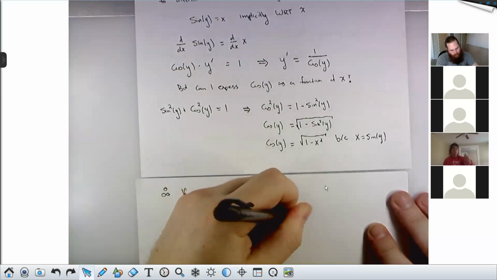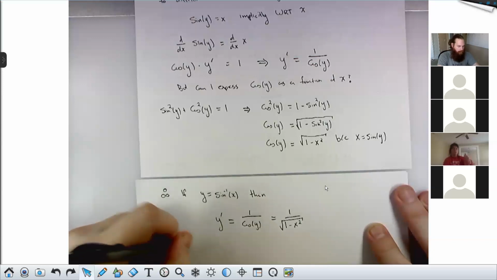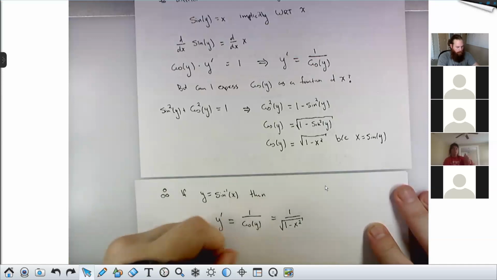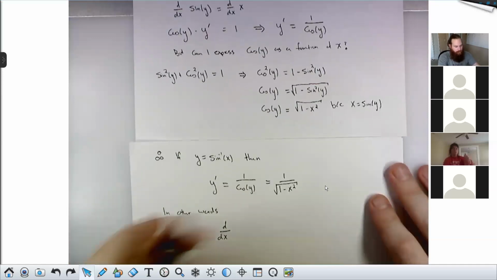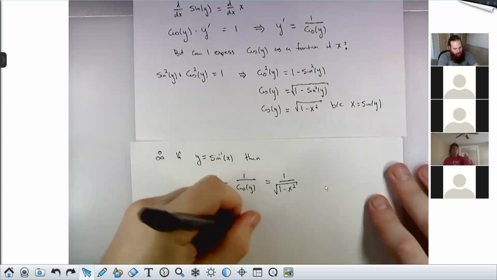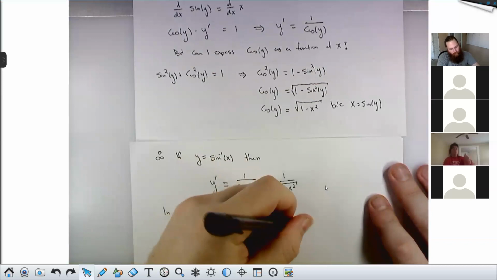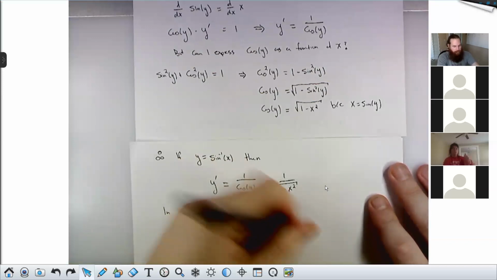In other words, and here's the thing you really need to remember, d dx of sine inverse of x is 1 over the square root of 1 minus x squared.